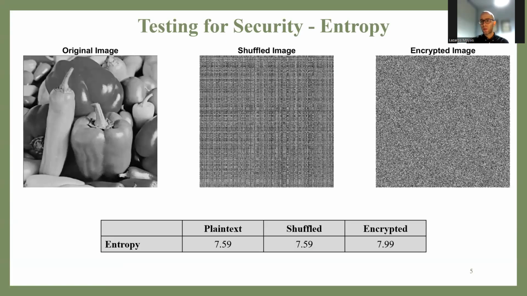So this is what we test here in the original, shuffled and encrypted images. Although you will notice one very important thing. The original and shuffled images have the same amount of entropy. Now you may think that this makes no sense, because the original image reveals some information by looking at it, while the shuffled image reveals no information to the naked eye.